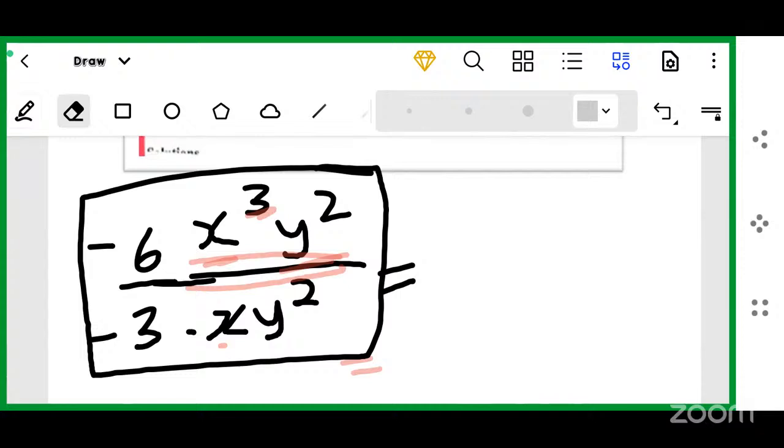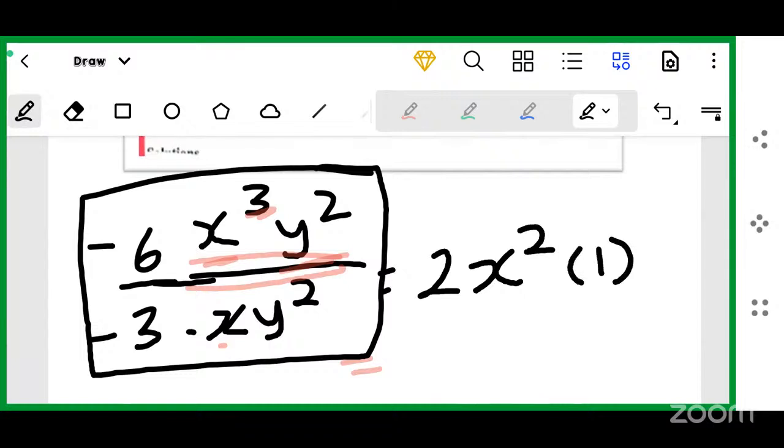Are you winning? Yes, ma'am. Okay. Ma'am, I got 2 times x to the power of 2 times 1. 2x to the power of 2 and 1, like this.